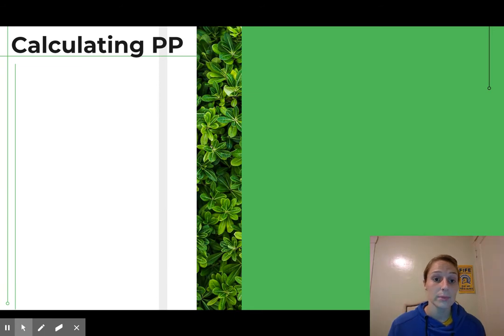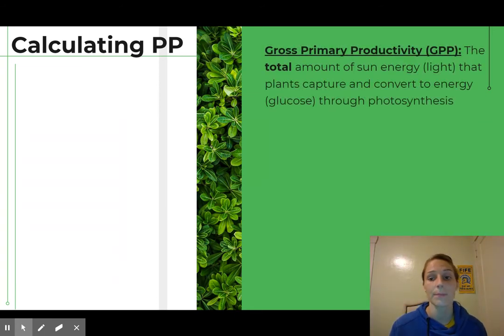Now, when it comes to primary productivity, we actually do calculate it, and there's a few different aspects to calculating it. So we first start with the gross primary productivity, which is abbreviated as GPP. And this is the total amount of sunlight that a plant captures and converts to energy in the form of glucose through photosynthesis.